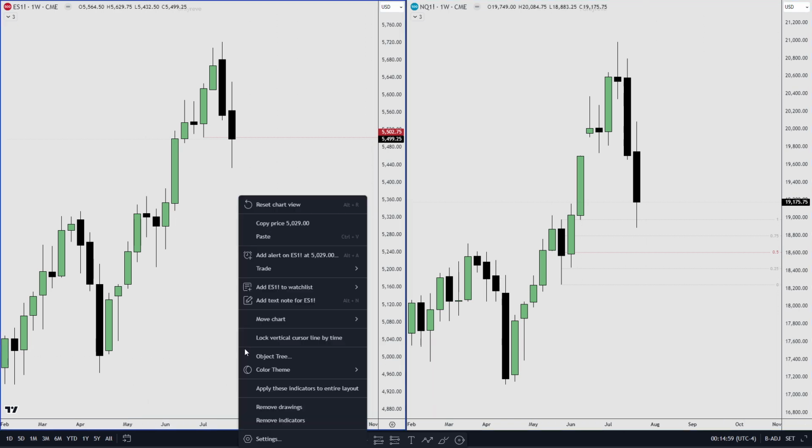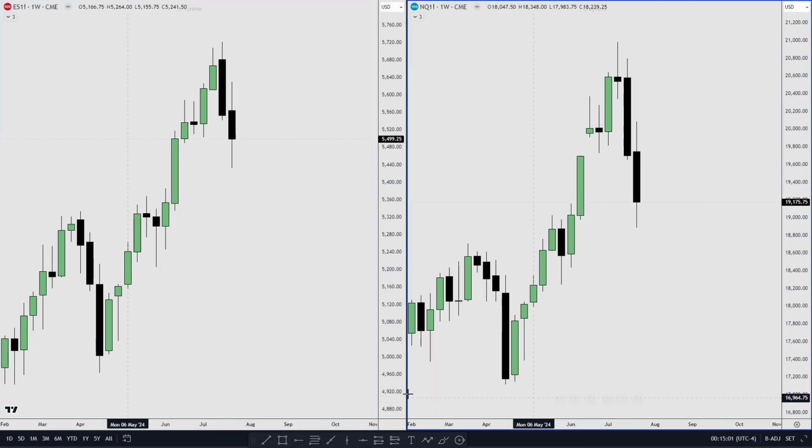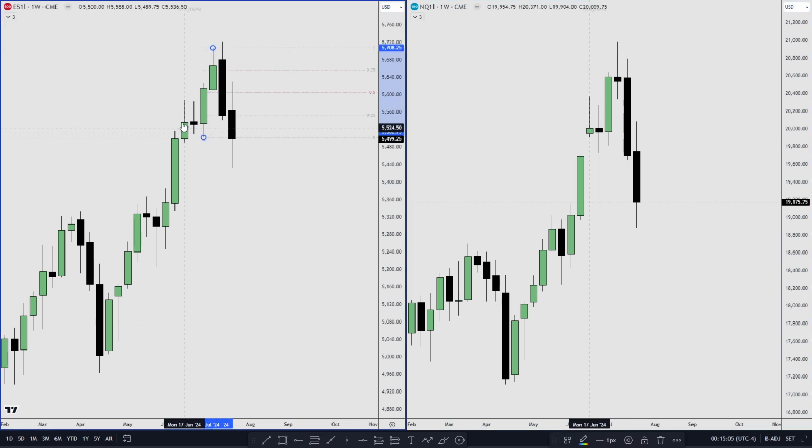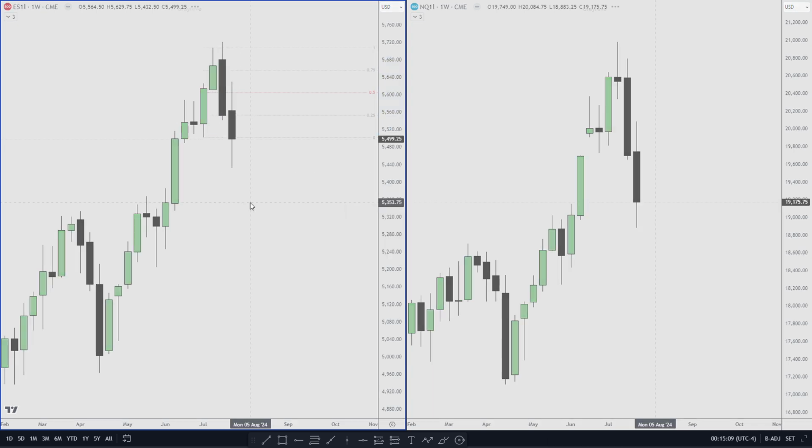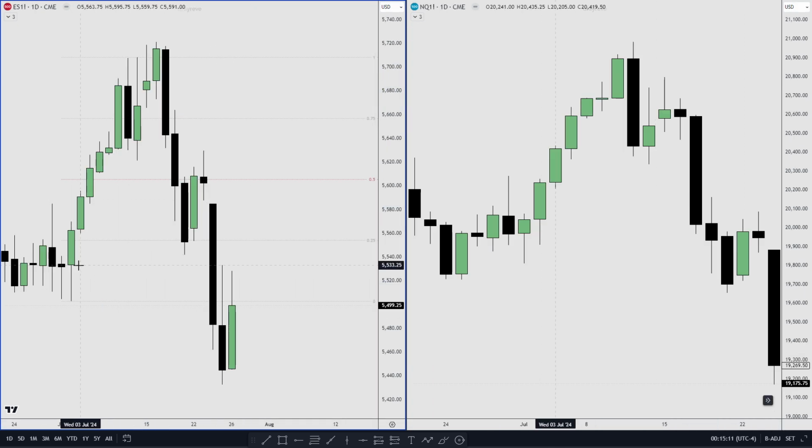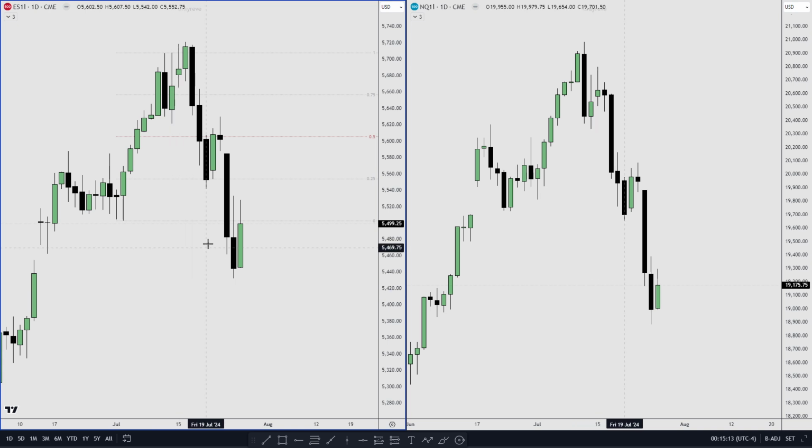Right, so let's see what levels are available on the lower time frames within the weekly bearish order block for ES. On the daily chart, you can see that we have a daily fair value gap with a bearish order block at around the 25% of the weekly bearish order block.